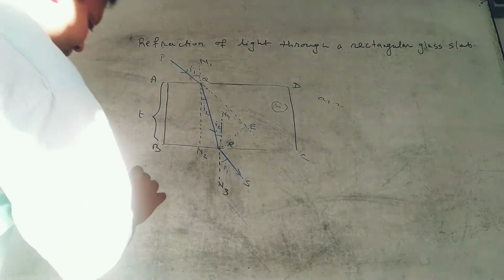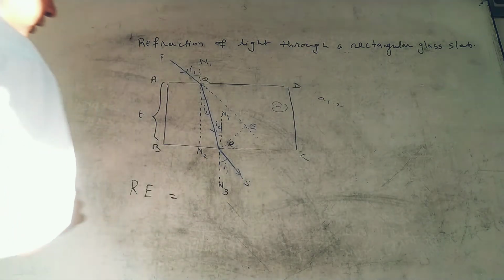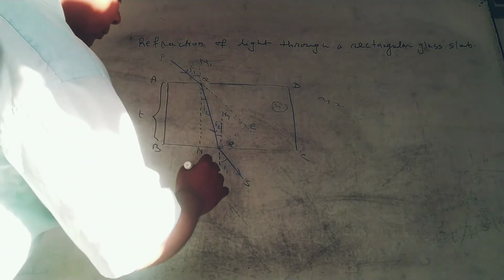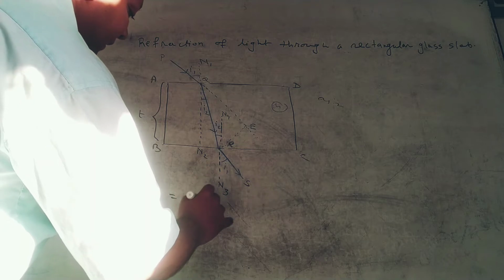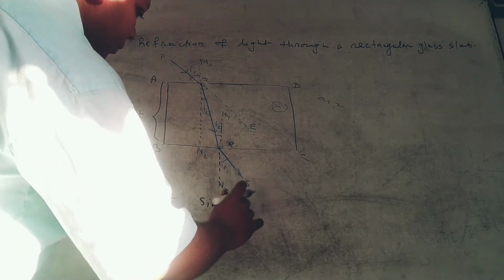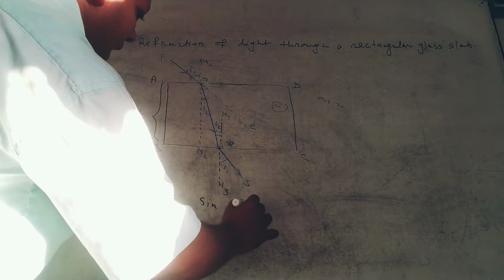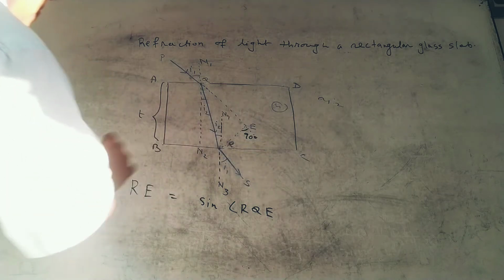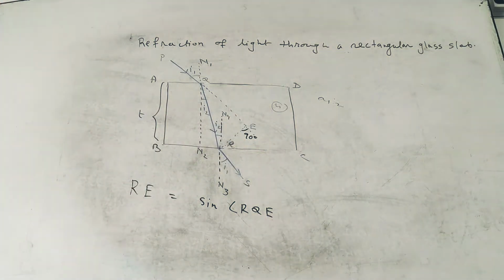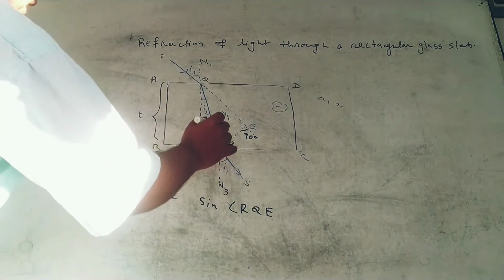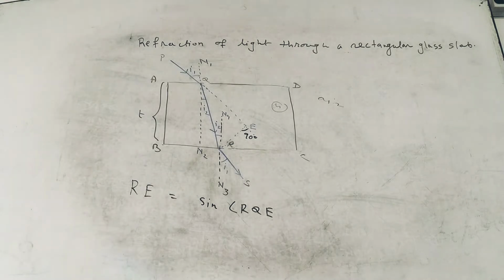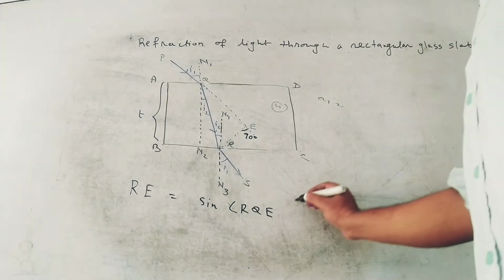Now RE, the lateral shift of the light ray, is equal to QR into sine of angle RQE. This angle is 90 degrees at E. You know that angle RQE is the angular deviation of the light ray due to refraction.